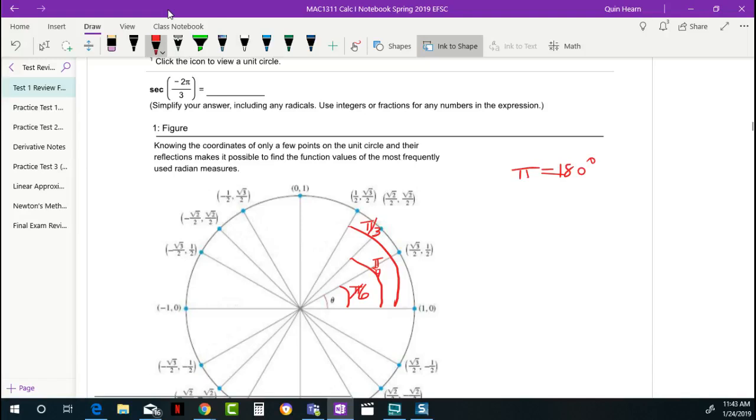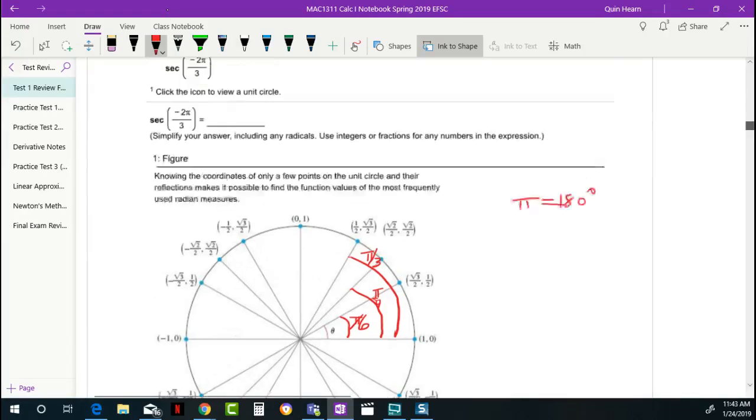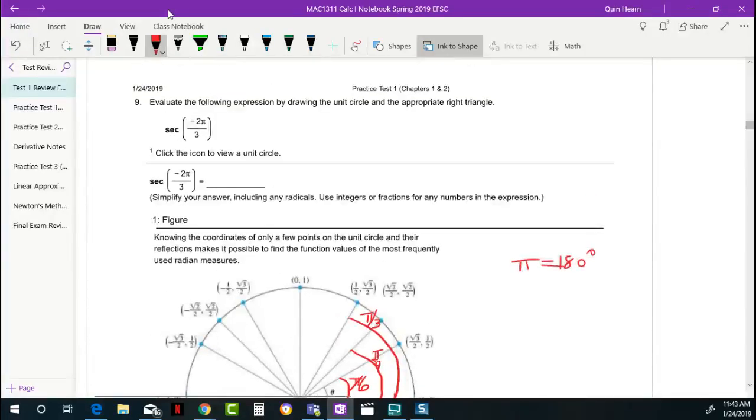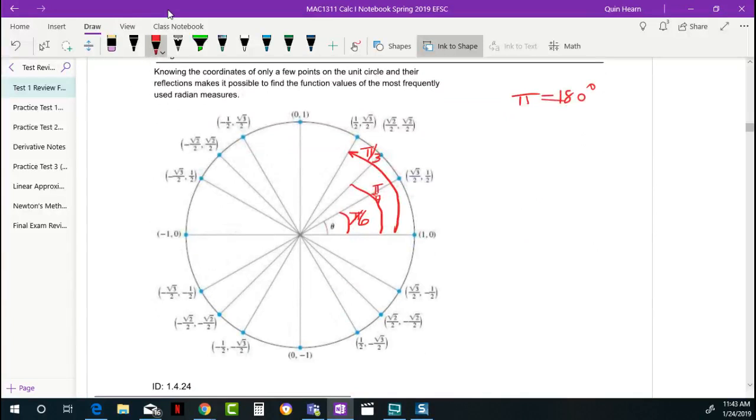Okay, so what are we being asked to find here? Well, it's got something to do with the angle -2 pi over 3. So negative means instead of going counterclockwise, you go clockwise, right? If it's easier for you, think of it as 180 divided by 3 is 60 degrees.